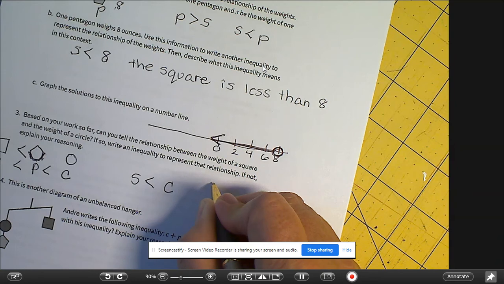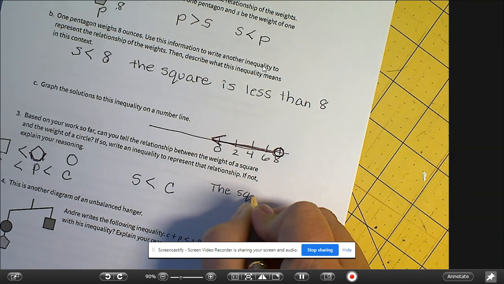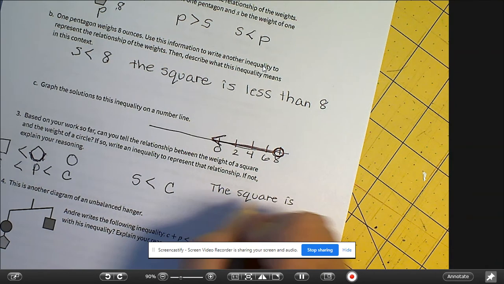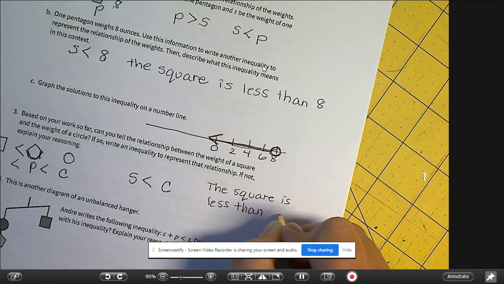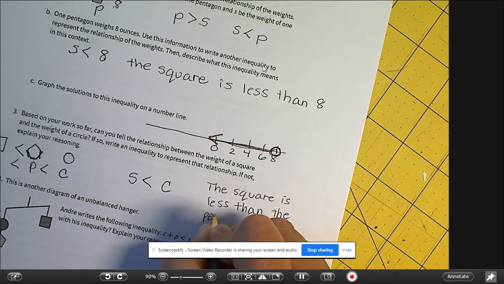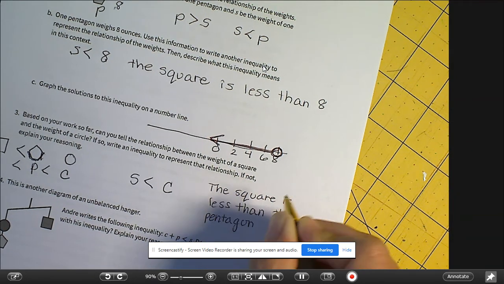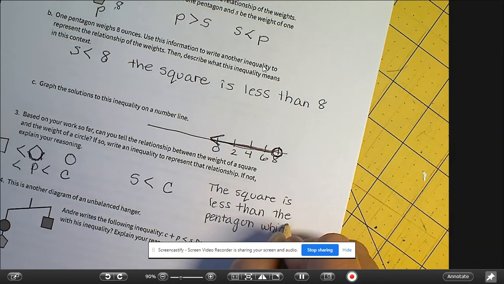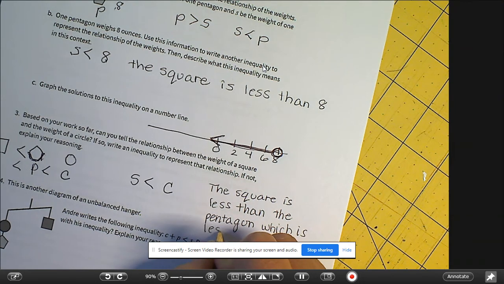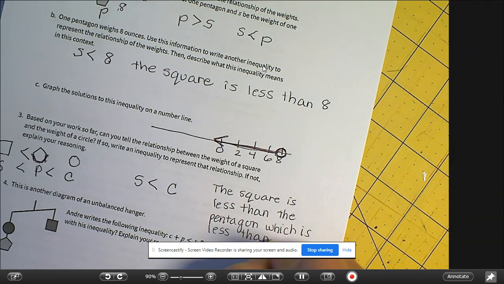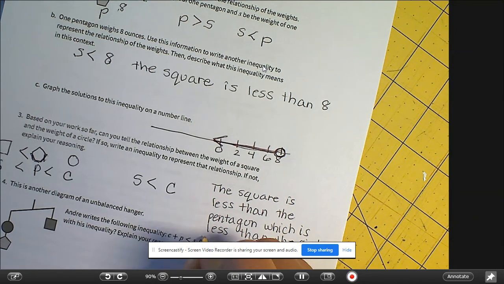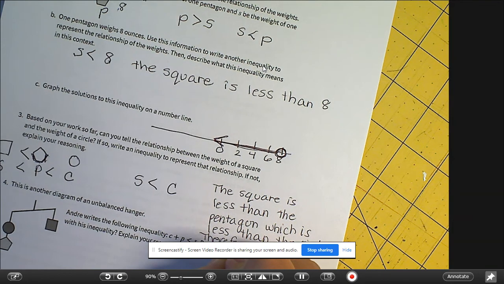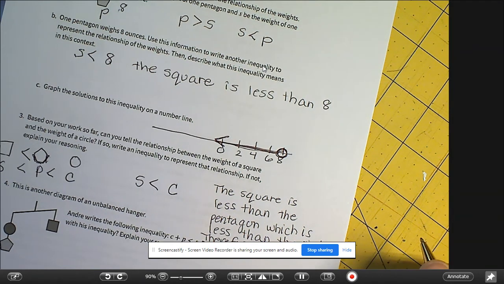All right, so we can write there: the square is less than the pentagon, which is less than the circle. Therefore, the square has to be less than the circle.